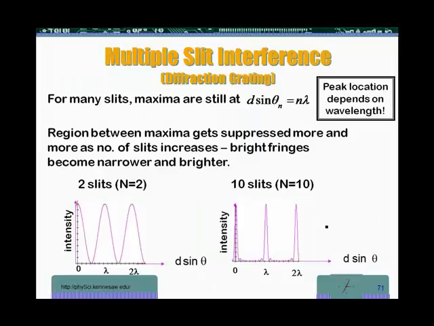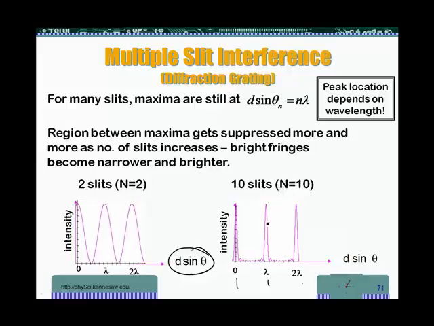Now what if I have more than 3 slits? Again, at the positions where d sine theta, the path difference, is equal to lambda, twice lambda, and so on, whenever we have that path difference, I'm going to have principal maxima.